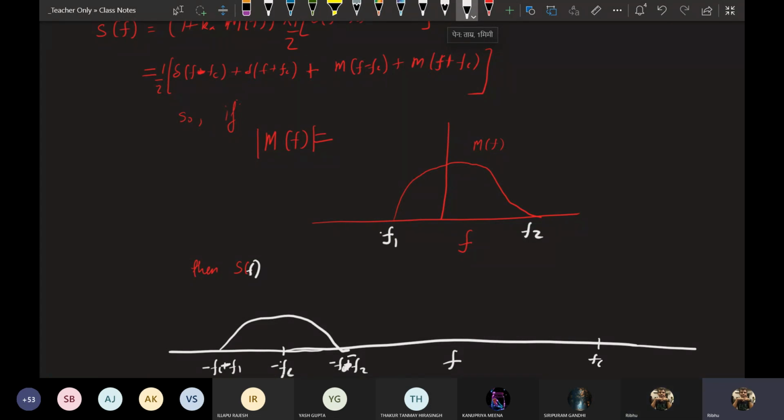Fine. Minus f_c. Fine. These will be half the strength of the true signal. And is there something missing here again?